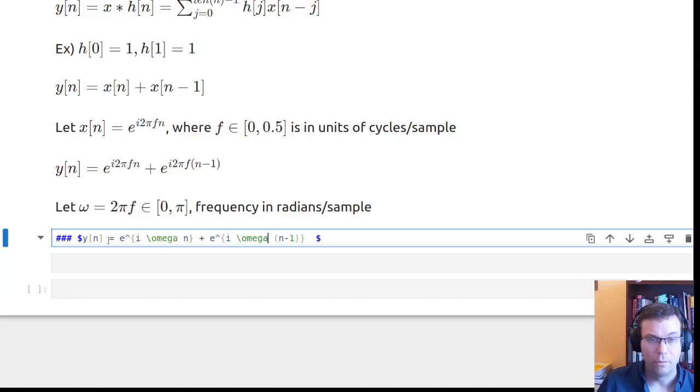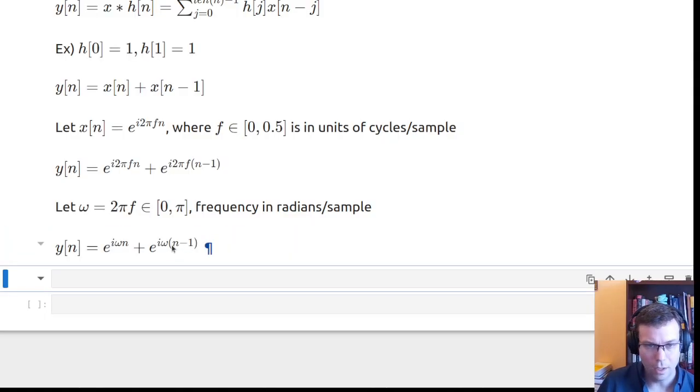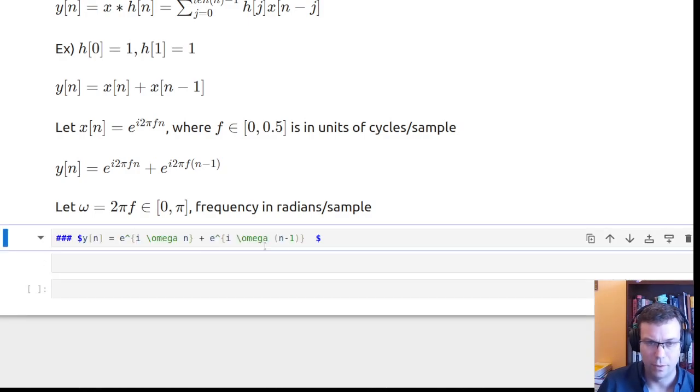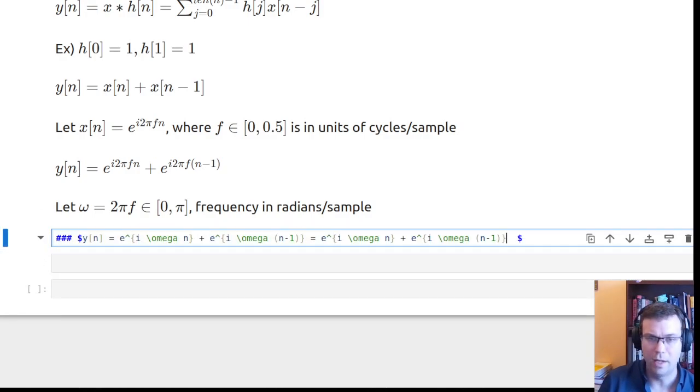All right, now, we've got something kind of cool going on here with the exponent. I can actually factor this out. I can say i omega n minus i omega, and then split this into the product of two things, because e raised to the a plus b is actually e to the a times e to the b. So I can write this as e to the i omega n times e to the i omega times negative 1, or I'll just write it as e to the negative i omega.